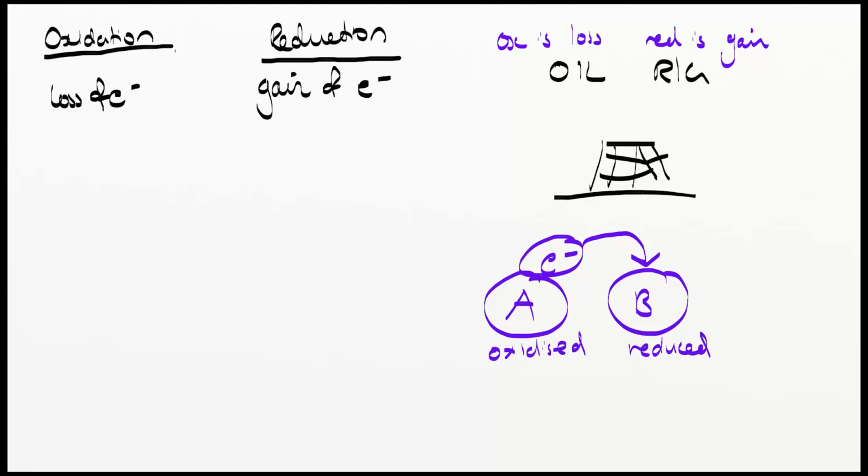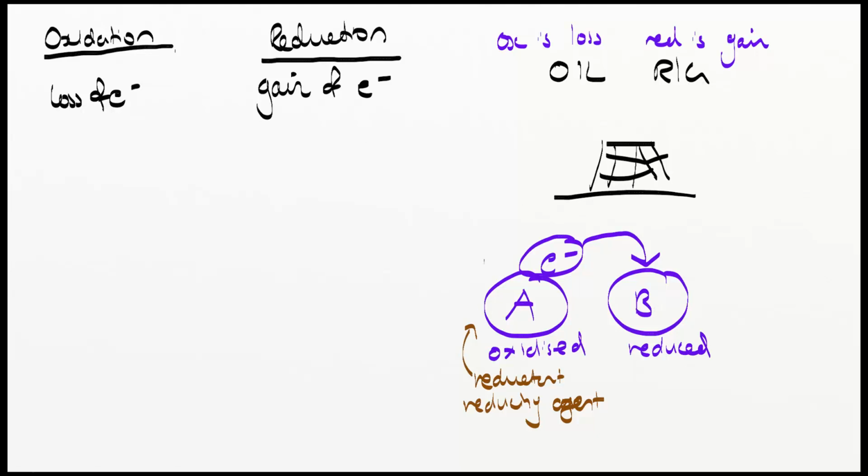There's a bit of confusing terminology here though, because sometimes we will call chemical A the reductant or the reducing agent. The reason we call chemical A the reductant or the reducing agent is because it causes reduction in another chemical.